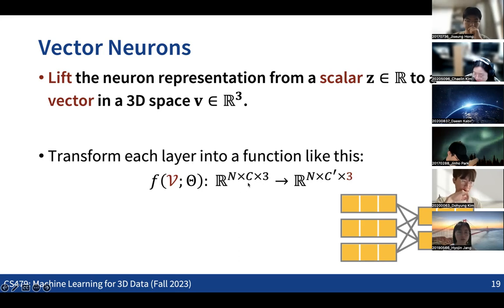Now we have C three-dimensional vectors for each point, and we transform this set of features into C prime three-dimensional vectors for each point.